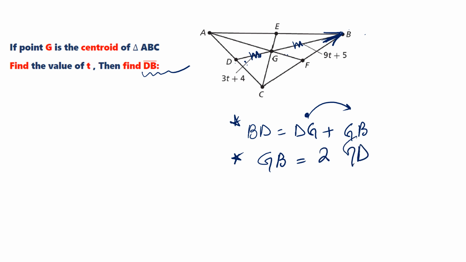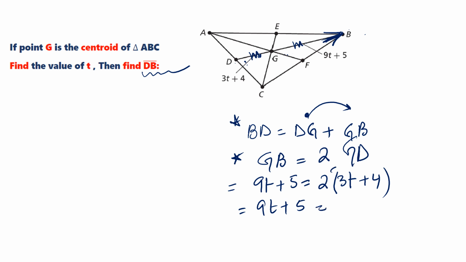Okay, now what is GB? GB is 9t plus 5. 2 times what is DG? That is 3t plus 4. Open the bracket and keep the left hand side as it is. Open the bracket. 2 times 3t is 6t. 2 times 4 is 8.